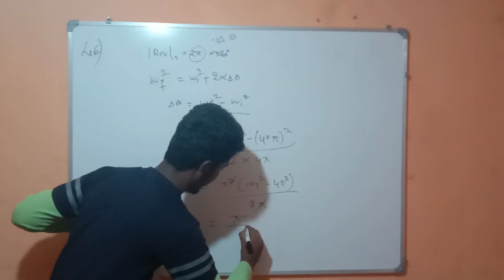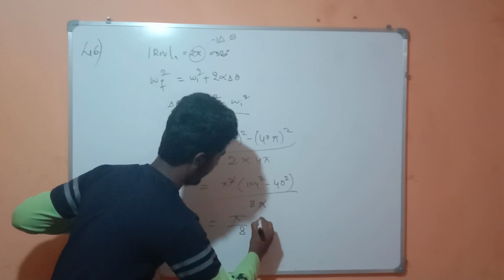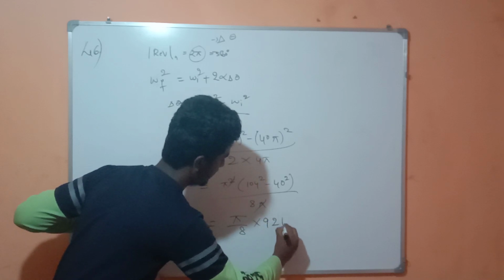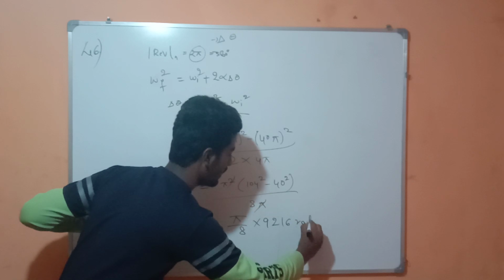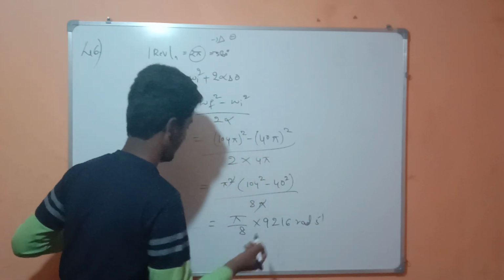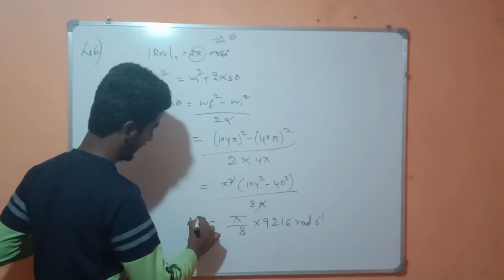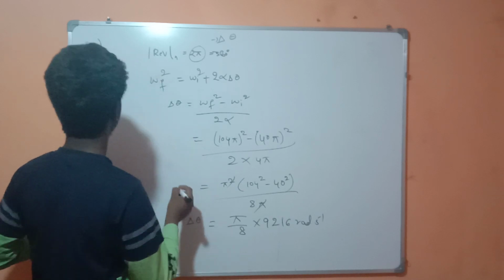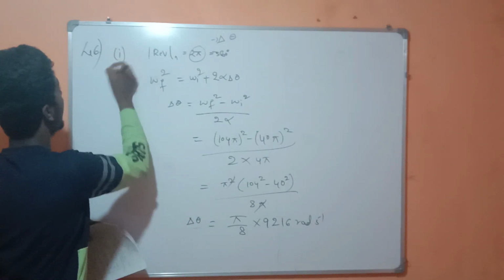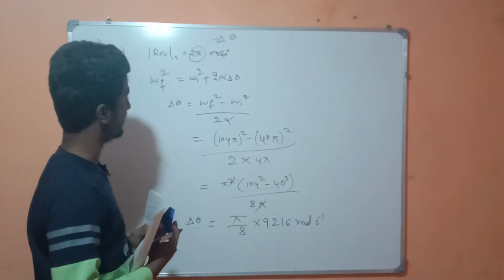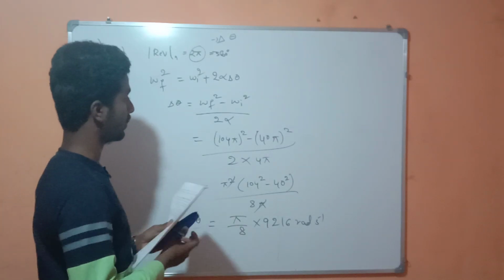Pi divided by 8 into 9216 rad. You can calculate in your calculator also. It is the value of delta theta. This is for the first tagged question. Let me move on to the second one.